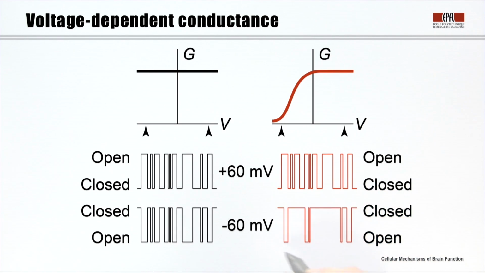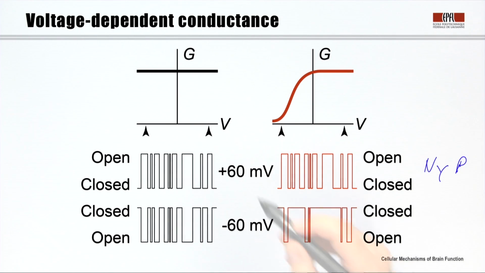These changes in open probability can then be summated over time, where we take a mean current flux across the stochastic openings and closings of this ion channel, or we can think of many ion channels on the cell membrane that are opening and closing independently of each other, and we then have a mean conductance. That's of course composed of the single channel conductance times the number of ion channels, together with the open probability of that ion channel.